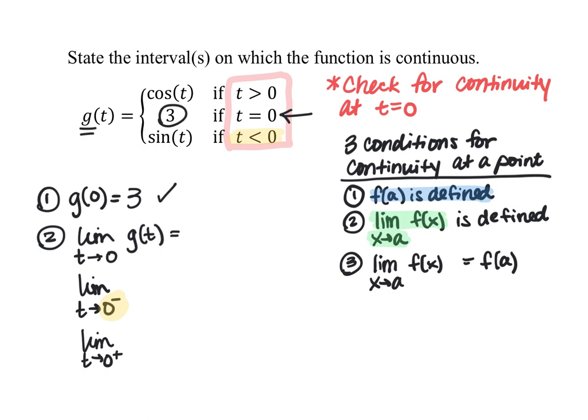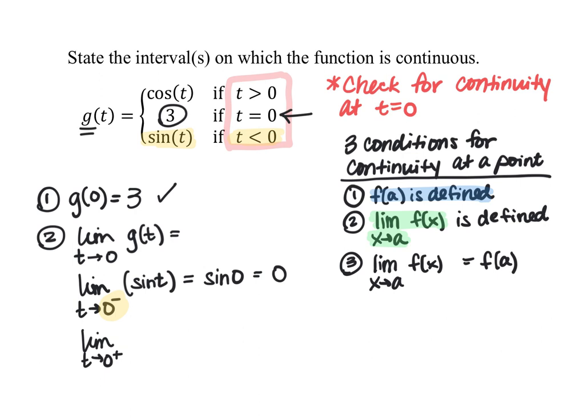So if t is less than 0, then that means we are on the sine of t portion of our function. So we'll be looking at the limit of sine of t as t approaches 0. We can go ahead and do direct substitution here and plug in 0 for t. That gives us the sine of 0, and the sine of 0 is 0.